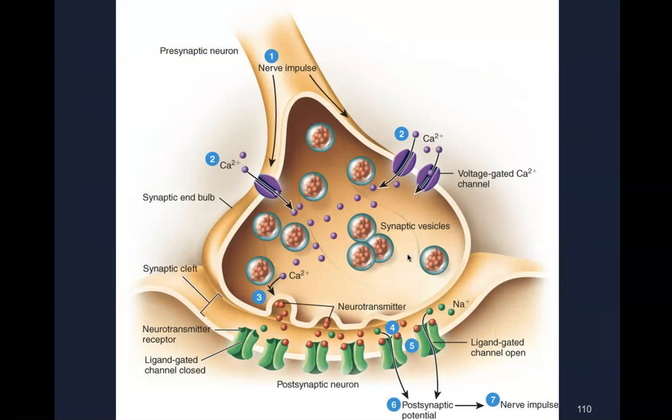And it's actually pretty easy, especially because we've been through this with that neuromuscular junction, right? So just like before, we're going to have a synaptic cleft here, but this time it's between this synaptic end bulb of a presynaptic neuron, and here this is going to be your postsynaptic neuron membrane.